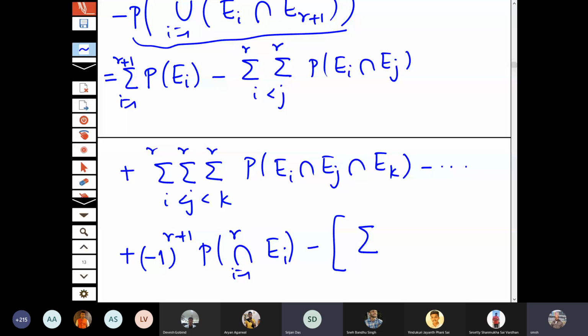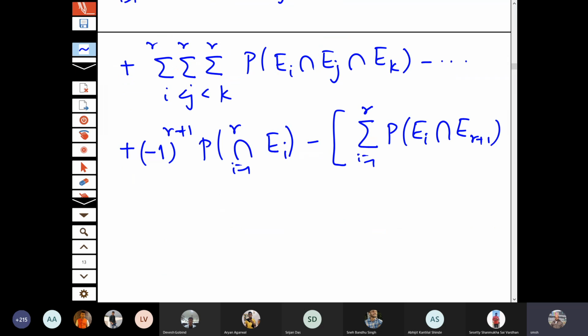So this is the probability of EI intersection ER plus 1, I equal to 1 to R. And in the next step, it will become a double summation, I less than J up to R, probability of EI intersection ER plus 1 and then intersection EJ intersection ER plus 1.